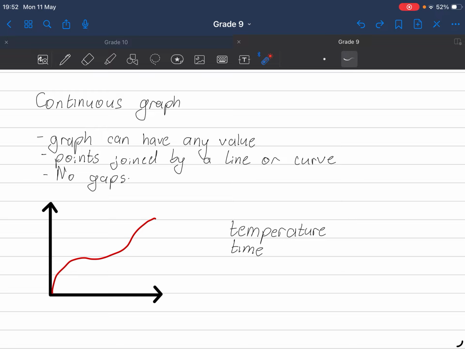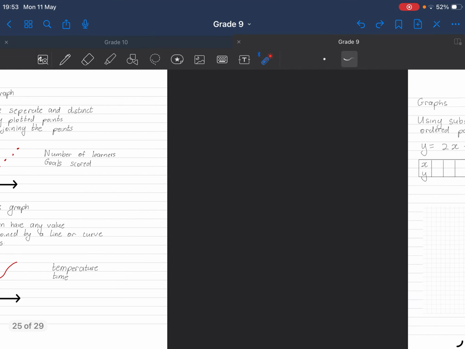It gradually increased. The 10 never just turned into a 20. It went up by half a degree, or by a point degree. So 10, 10.1, 10.2, 10.3, 10.4, 10.5, 10.9, 11 degrees, 12 degrees, 13 degrees, until eventually it climbed up and reached 20 degrees. So a curve shows you that there was a bit of climbing happening there, and that would be continuous data.